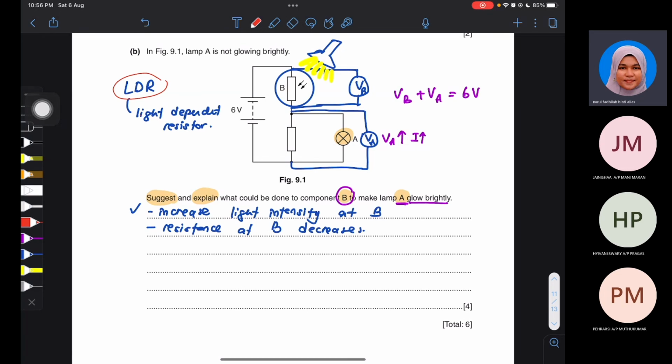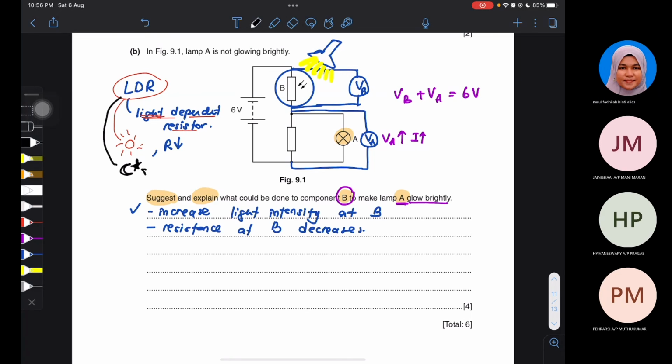Okay, LDR is light dependent resistor. Maksudnya, when there is light, bila ada bright light, dia happy. So, dia happy means resistance akan low. Tapi, during the night, malam gelap kan? Dark. Ataupun when there is no light, resistance increase.